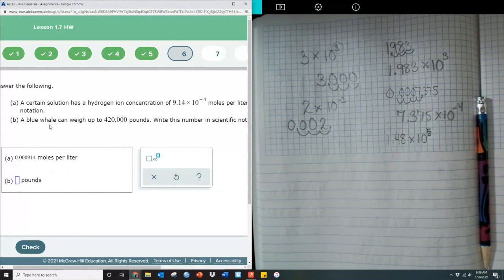And then a blue whale can weigh 420,000 pounds, right, in scientific notation. And that is, let me count now. This is 3, 4, 5.